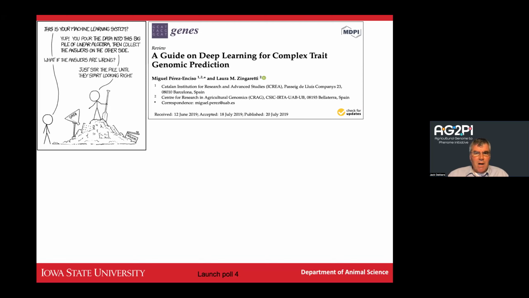Is machine learning and artificial intelligence going to be the future of genomic prediction in plant and animal breeding, or not? Is it some combination of the two? I'll give you some time to answer that question.